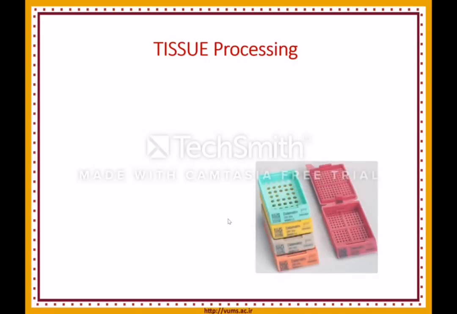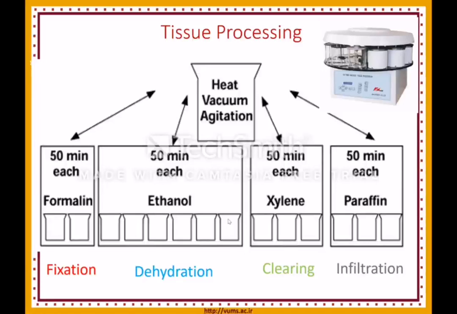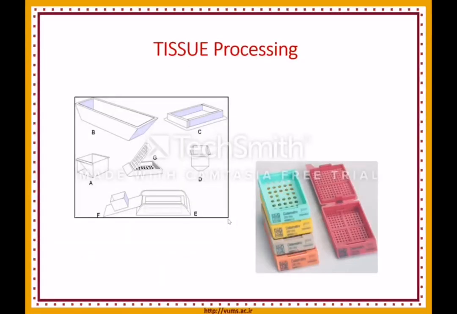When we remove the tissue from, for example, a human body in biopsy or in the surgical operation room, or from an animal in the laboratory, at first we fix it in a fixative, such as formalin or paraformaldehyde, which different labs generally use.